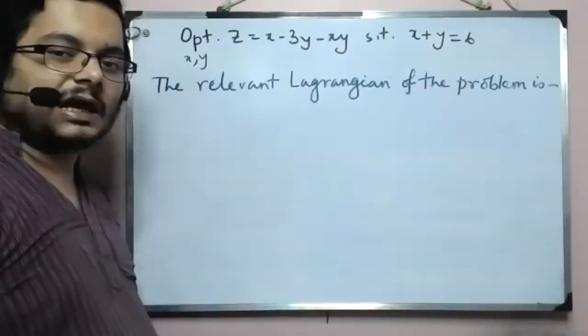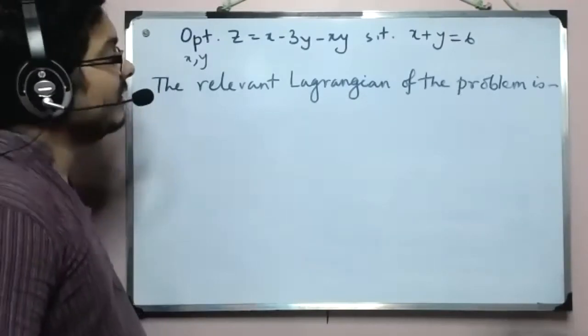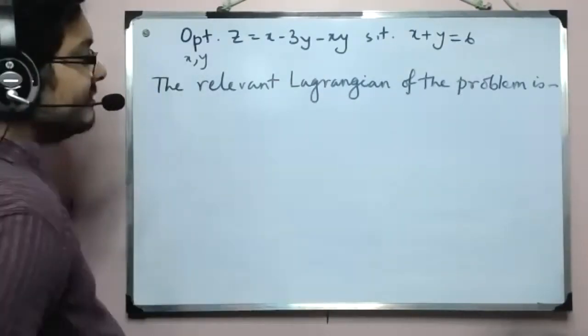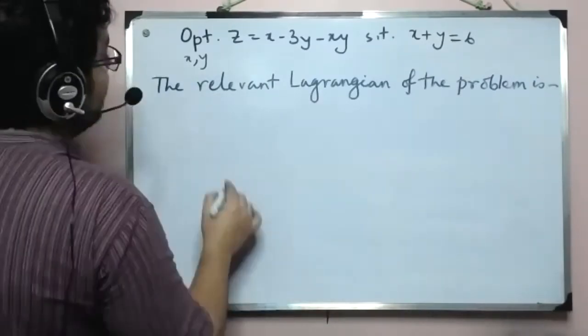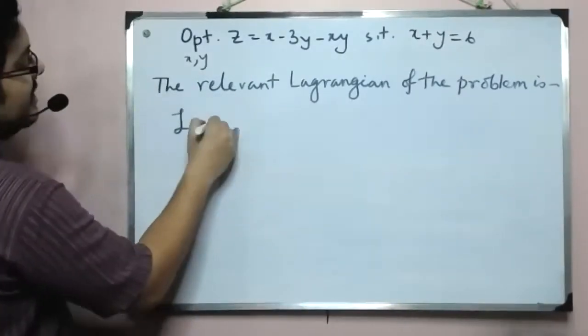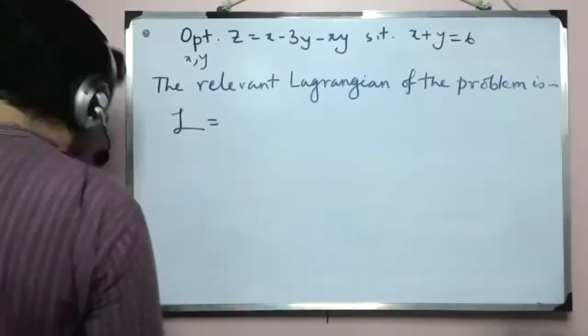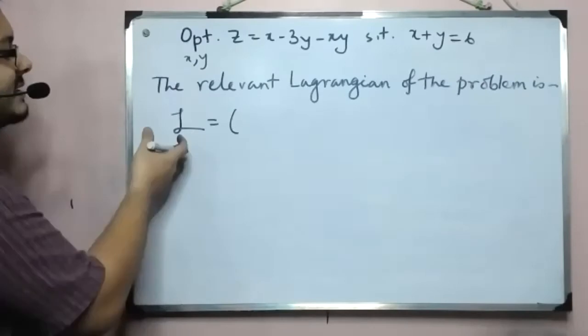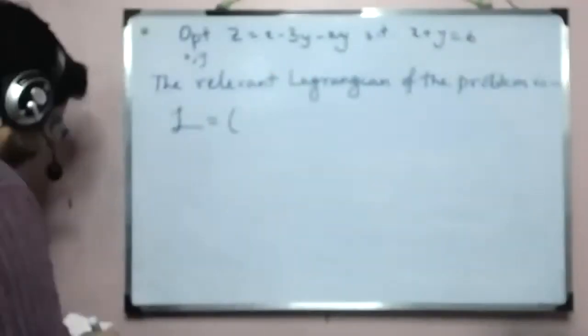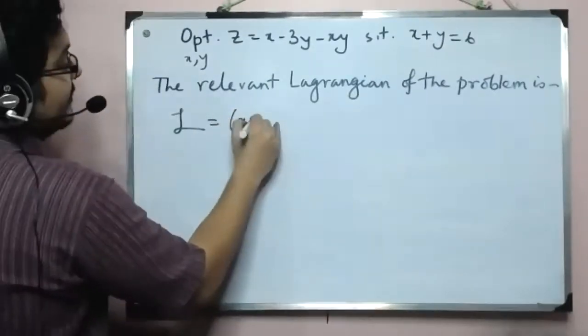Do not write it. Lagrange is a name. He was a mathematician. And this is Lagrangian because we have this due to him. So the Lagrangian of the problem is, so this is script L. You can write anything here actually, but I prefer to write script L to match with this L of Lagrangian.